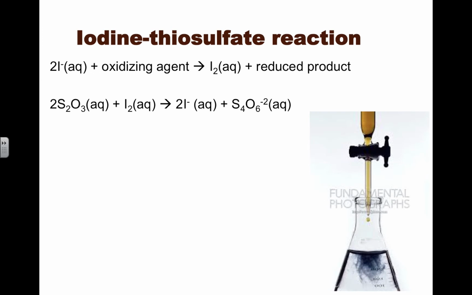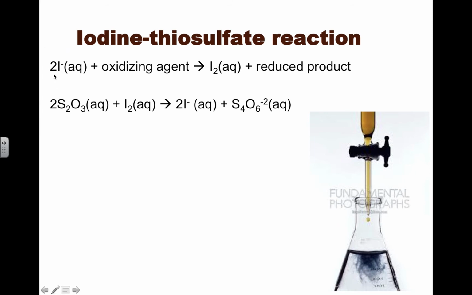Our next version of a redox reaction involves iodine and a compound known as thiosulfate. So this reaction actually doesn't change color, but here we use a starch indicator because starch and iodine forms this dark purplish blue. So here's the reaction that we do.